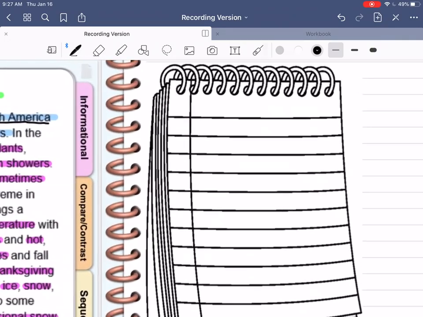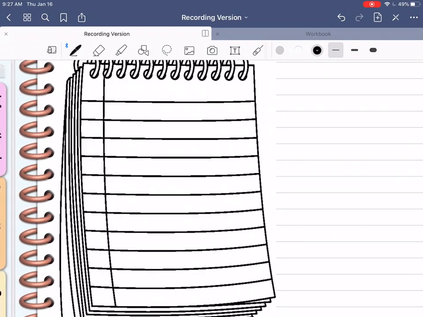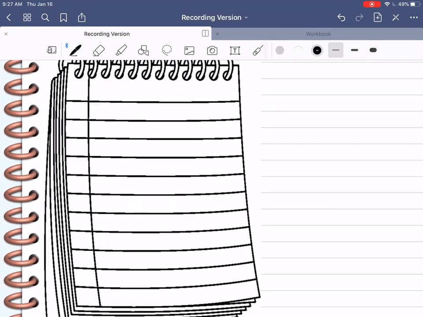And I want you to come down to this little tablet. This is where we're going to list our words. And the first word is weather. And I need a little bit darker pen. So weather. W-E-A-T-H-E-R.